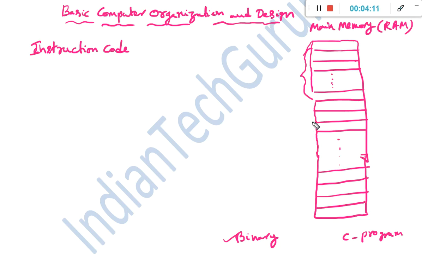For example, this particular part may contain data. So now what is our conclusion? Our conclusion is, in main memory, it contains not only data, it also contains instructions also. So the data will be in binary format, that we already know. Now in addition to data, the instructions will also be in binary code. So that particular binary code is called as instruction code.